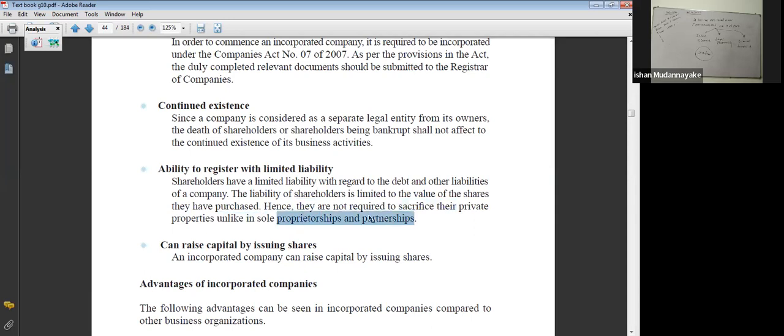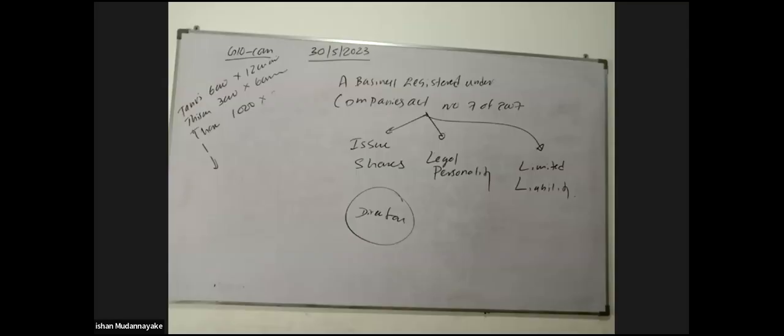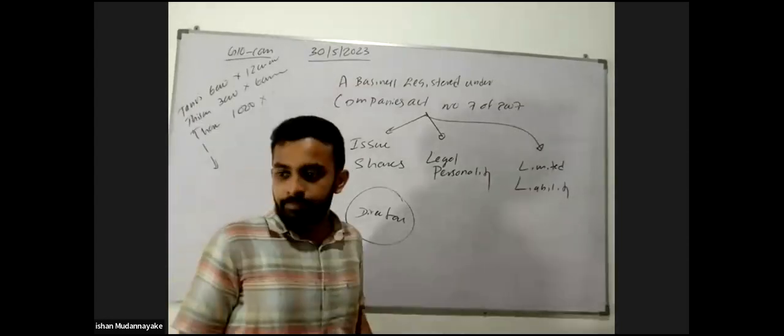Right. Ability to register with limited liability. It means no need to sacrifice the personal properties of shareholders to the business organization. No need to sacrifice their personal property. Okay, the latest example, students, is ETI Finance.